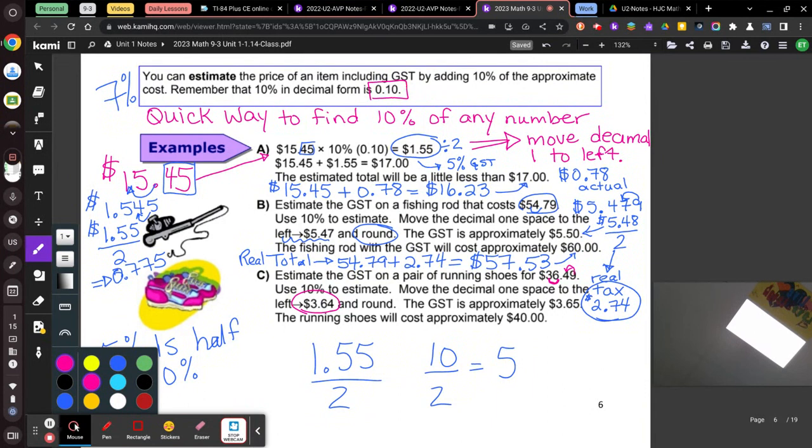Is it going to stay the same or add 1? What do you think? It's going to add 1. So that's actually going to be 3.65. Now it says the approximate is 3.65. That's 10%. We want to divide that by 2. We want to cut it in half.